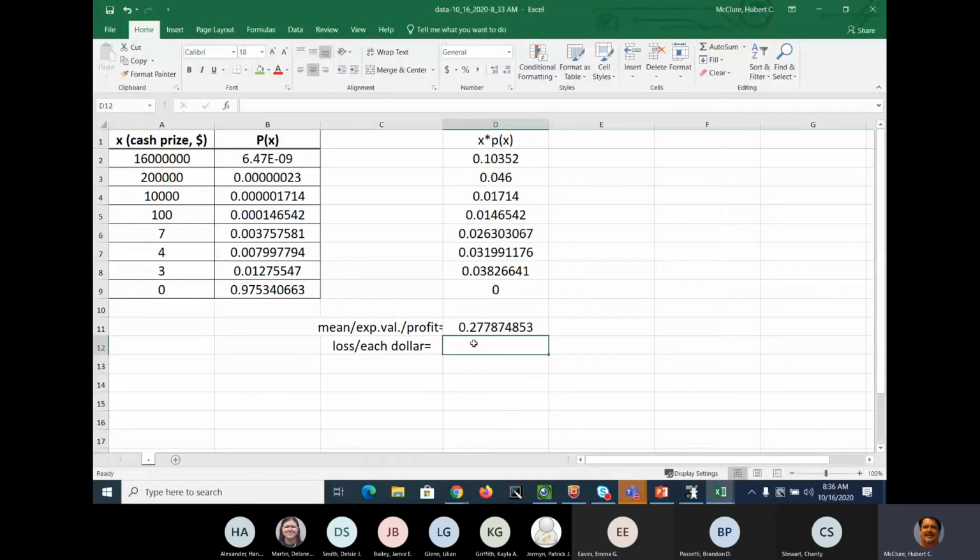What you do is you subtract 1 from this number because it's got to show up a negative. So it's equal to this number minus 1. And the only reason you subtract 1 from it is so you can get that negative. With the expected value, that negative is important because it shows a loss.